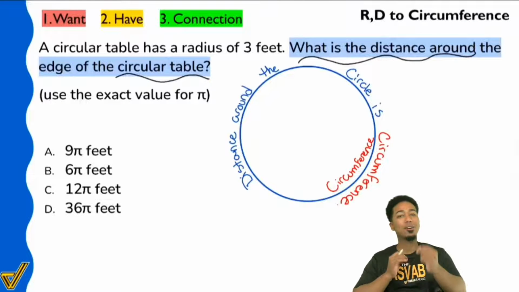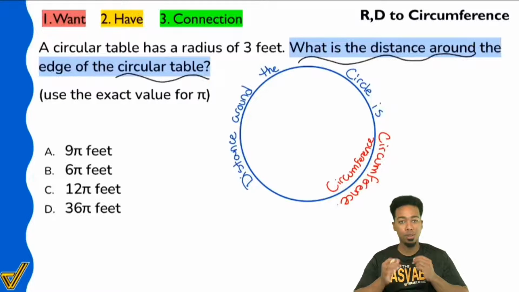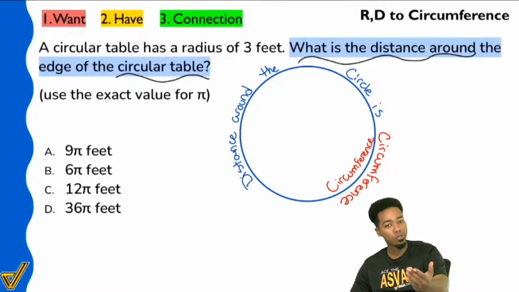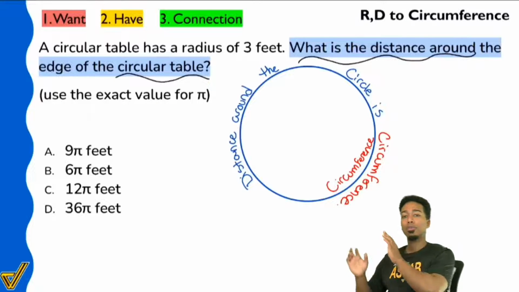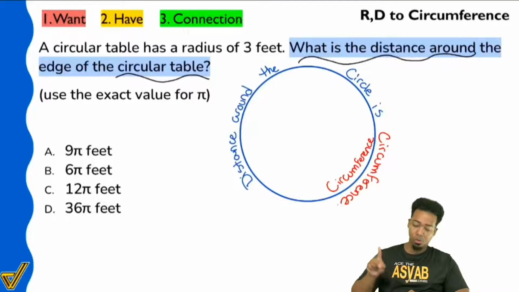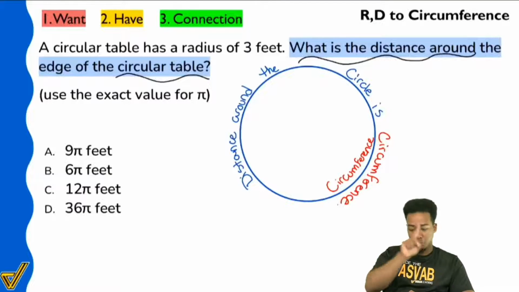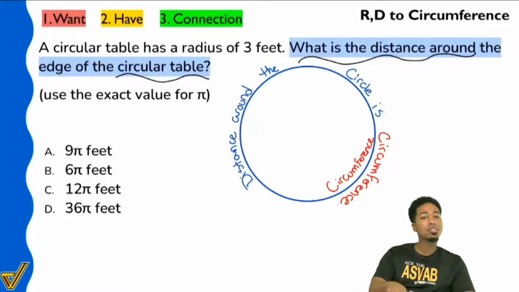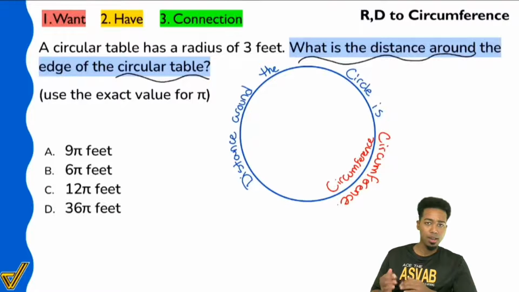So again, this is all practice. All we're doing is practicing the terminology. Before I continue, yes or no, does it make sense now that what we're looking for is the circumference of the circle? We're trying to go around it, measure around it. That is circumference. Cool. Remember, we're not going to be perfect on the first try. What we have to do is see what we can understand better.